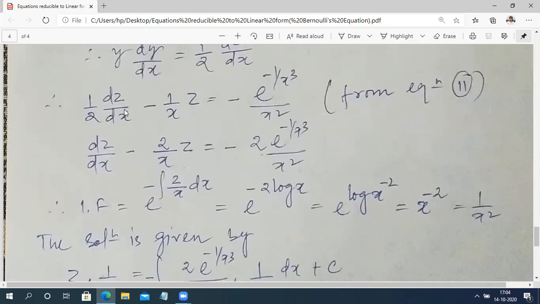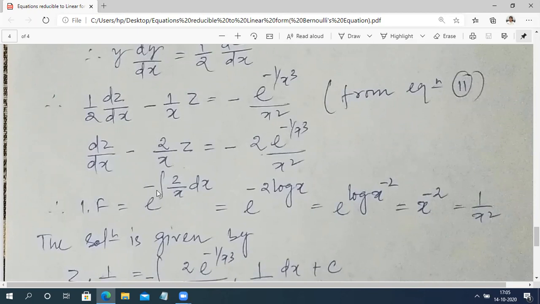Now write dz by dx with coefficient 1, so multiply the whole equation with 2. You will get dz by dx minus 2 by x z is equal to minus 2 e to the power minus 1 upon x cube by x square. So now this is your p, minus 2 by x.